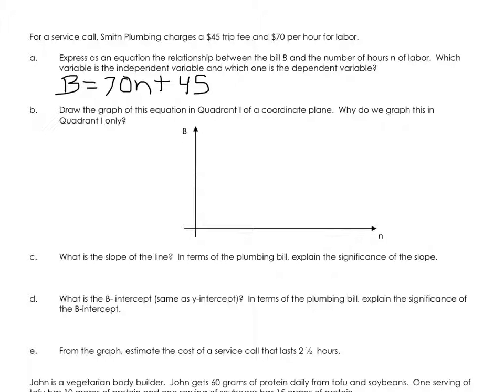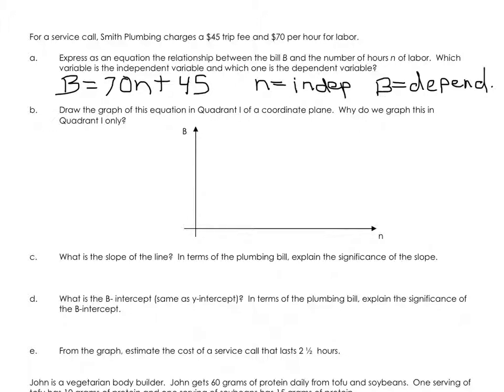The amount of the bill depends upon the number of hours worked. So N is the independent variable, and the bill depends upon how many hours it is. So B is the dependent variable.